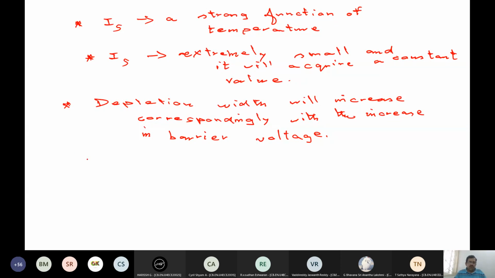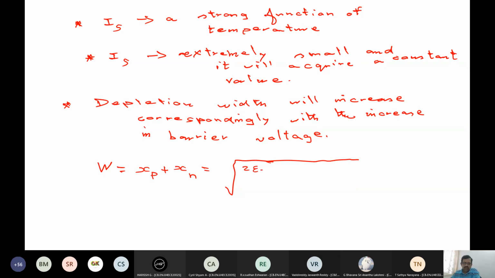Now, whatever expressions we stated for the depletion width, the same expression holds good, except that we have to replace the barrier potential: instead of V naught, it becomes V naught plus VR. That is the only thing.